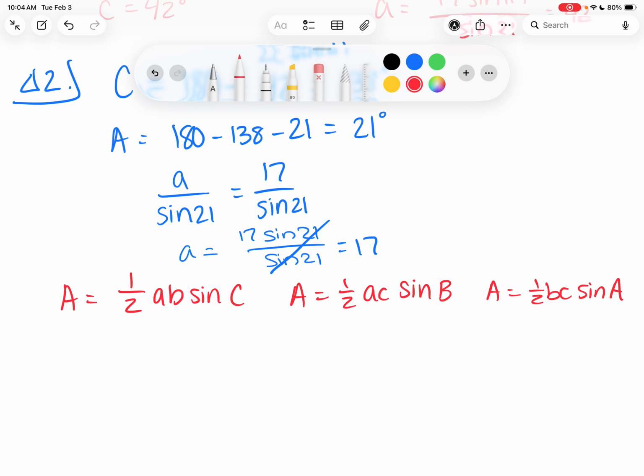All you really need to know is it's half of whatever 2 sides are given times the sine of whatever angle was given. They're going to only give you the 3 pieces of information you need for these area problems. The area problems that go with the law of cosines problems are going to give you a totally different set of information. So really just memorize one of these formulas and you're good to go.